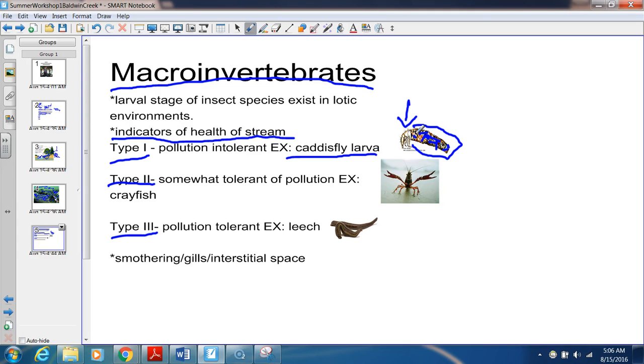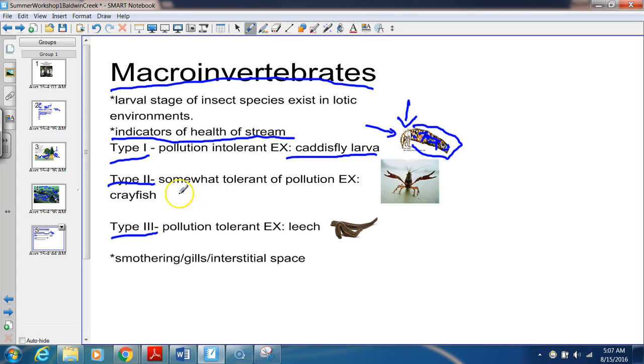So you have to literally pick the rock up, turn it over, and look for like a collection of leaf debris, stones, whatever. And then if you push that away, what you would find is this little guy in there, or girl, because they are dioecious, separate sexes. And that would indicate to you that that stream is pretty healthy if it's present. It gives you a good clue, okay? So we did find some of these, which is a good thing.